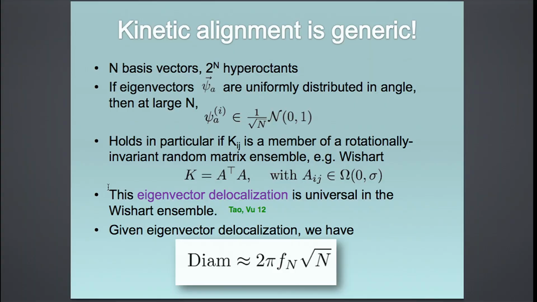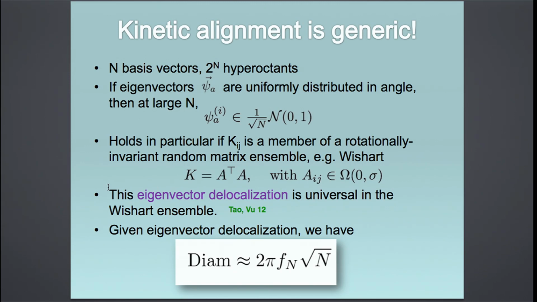There's actually, I think, a rather nice and richer way of understanding where this comes from, although this really does suffice in a certain sense. If the Kahler metric, the kinetic matrix, is a member of some rotationally invariant matrix ensemble, for example the Wishart ensemble, constructed by taking the transpose or Hermitian conjugate of a matrix A and contracting it with A itself, taking the entries of A to be stochastic variables drawn from some statistical distribution omega with variance sigma squared, then one finds a phenomenon which random matrix theorists refer to as eigenvector delocalization.